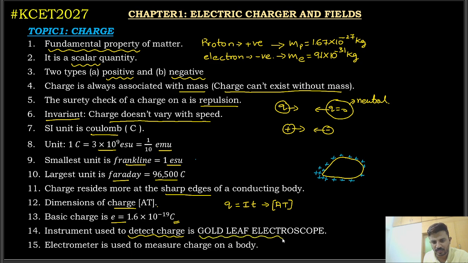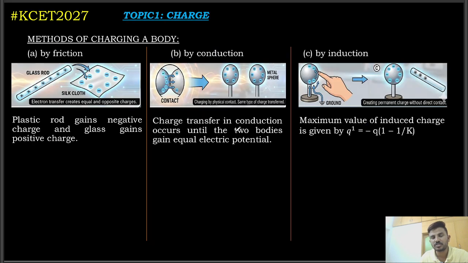To measure the charge on a body we have the electrometer. These are some basic properties of charges, but in the exam, if they ask to mention the basic properties, we have to write some other points that I will give.